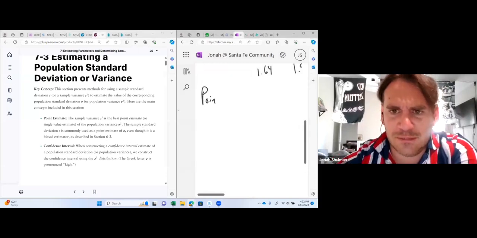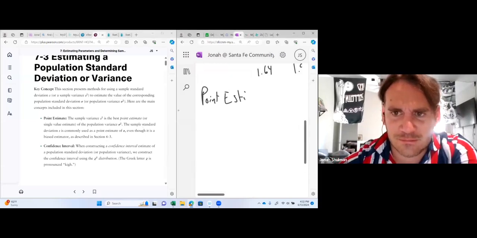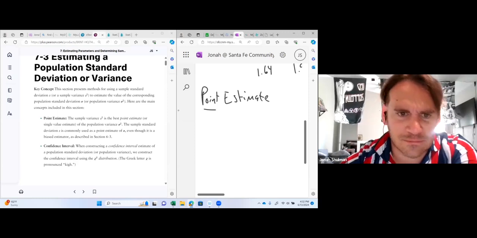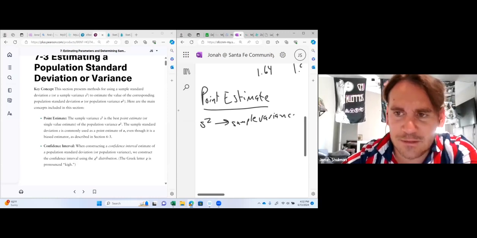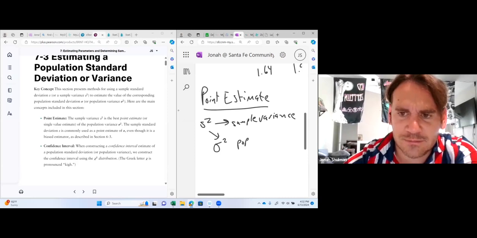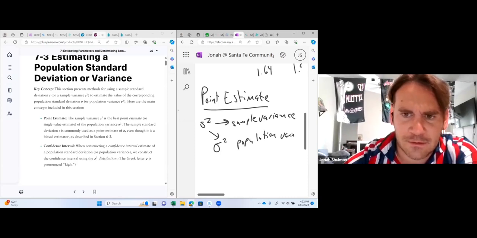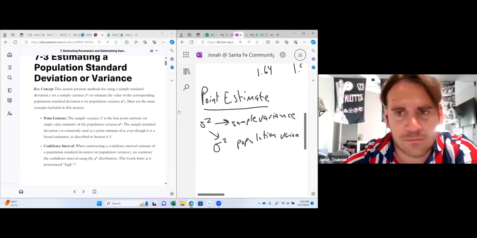So our point estimate for these is going to be our sample variance. We're going to use that to get the what? The population variance. That's the goal.